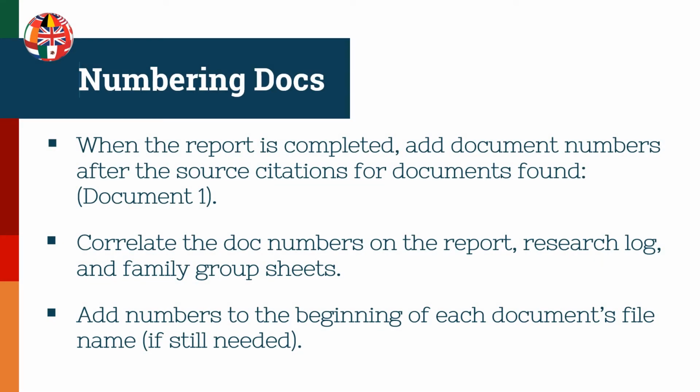When the report is completed, that's when you will go through and add your document numbers after the source citations for the documents found. Because you are often rearranging your report, trying to get the order that makes the most sense, I don't recommend adding document numbers until the very end.